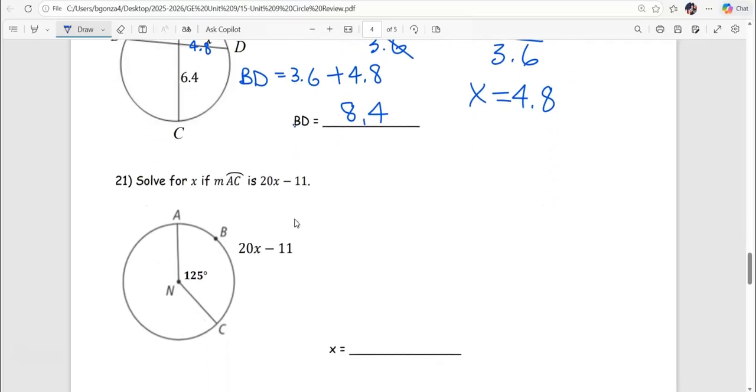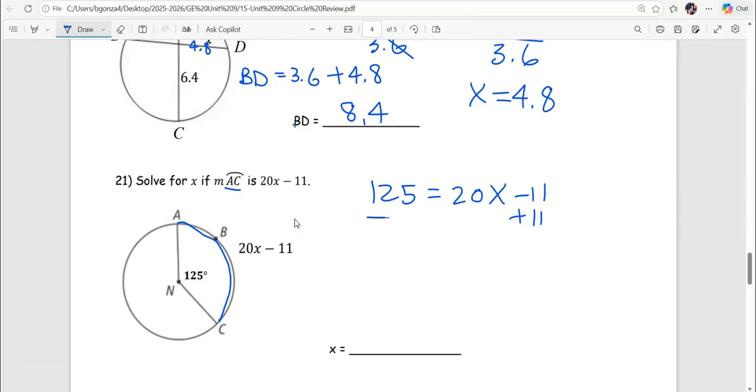All right, down here. Now, the measurement of the central angle is equal to the measurement of the intercepted arc. Okay, so it says AC all the way over here is 20x minus 11. So whenever you have a central angle, you just set it equal to whatever is the intercepted arc.